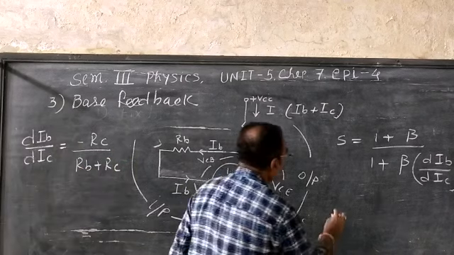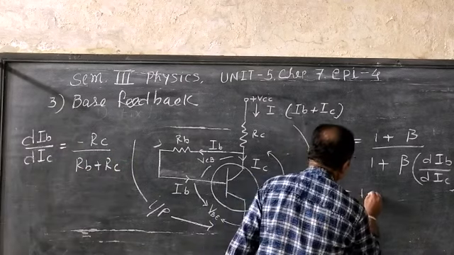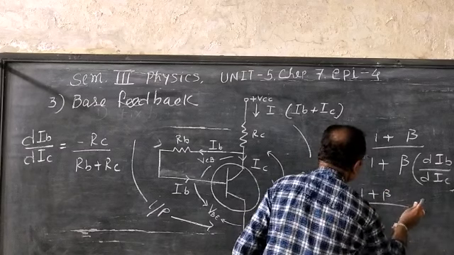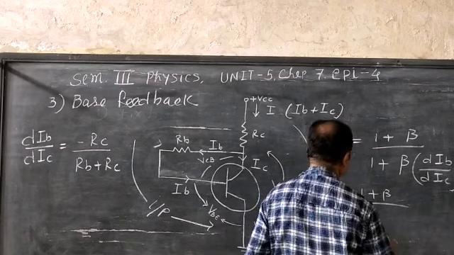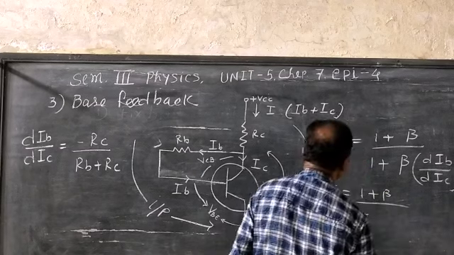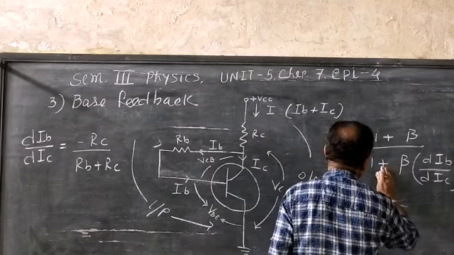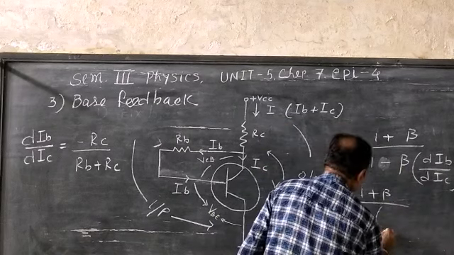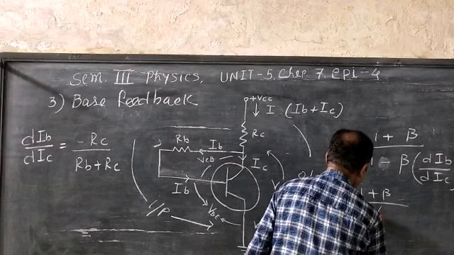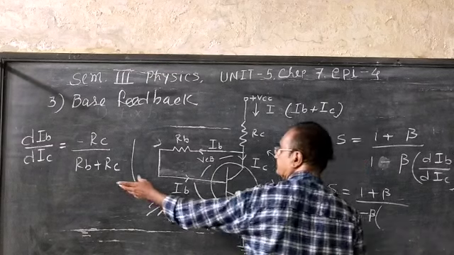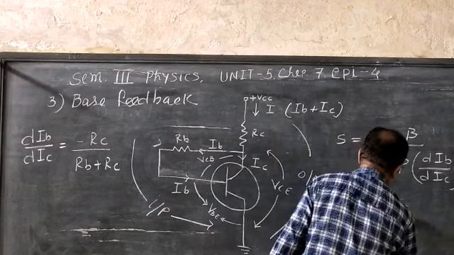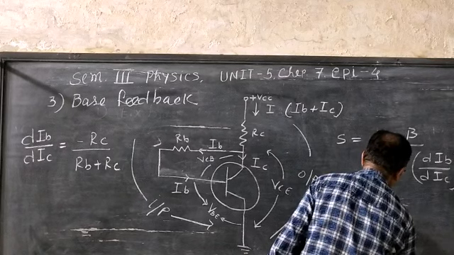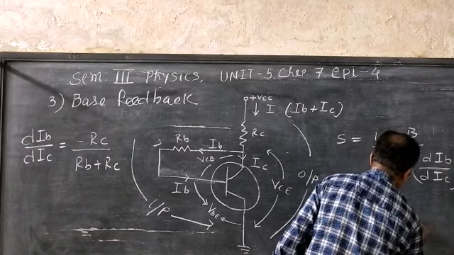So this will be 1 plus beta upon 1 minus, perhaps this equation is 1 minus, and that is why minus minus plus, beta into RC upon RC plus RB.